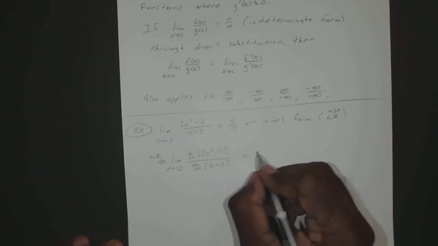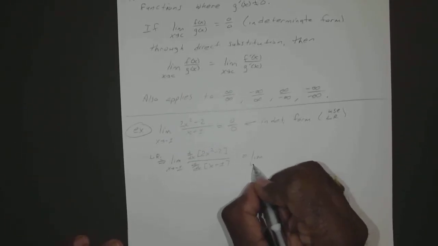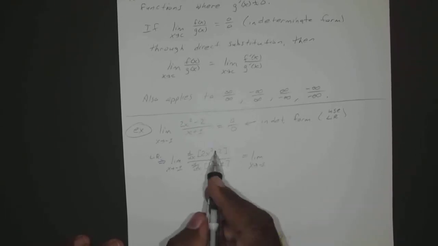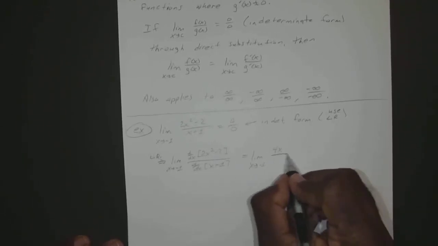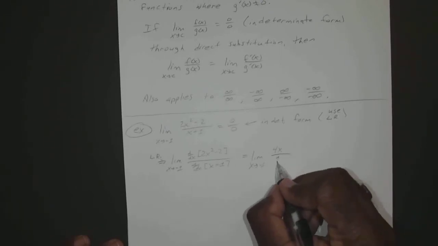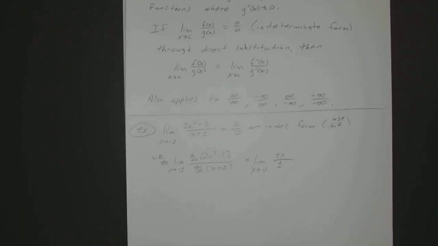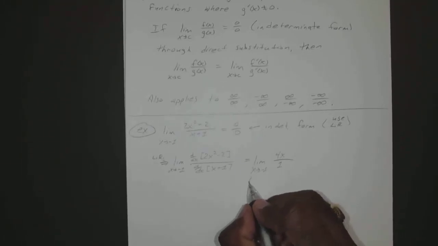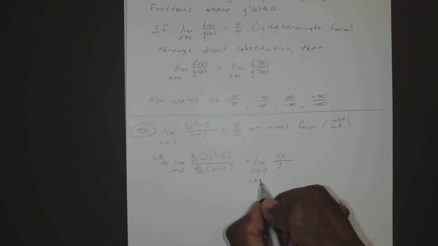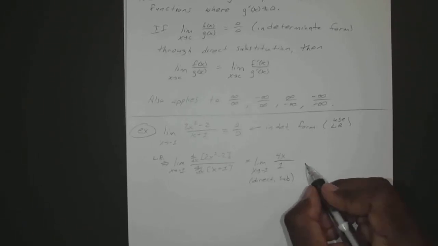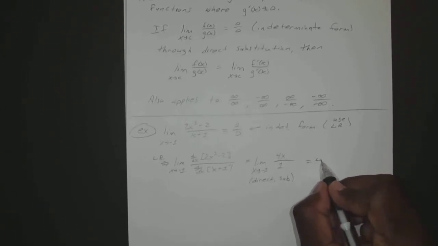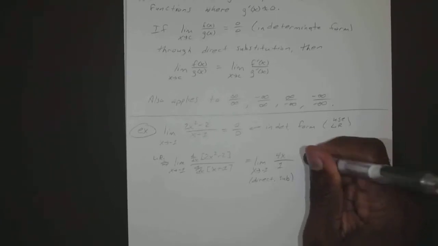Which gives us the limit as x approaches negative 1 of 4x over 1. Now you can just use direct substitution. So you have negative 4.